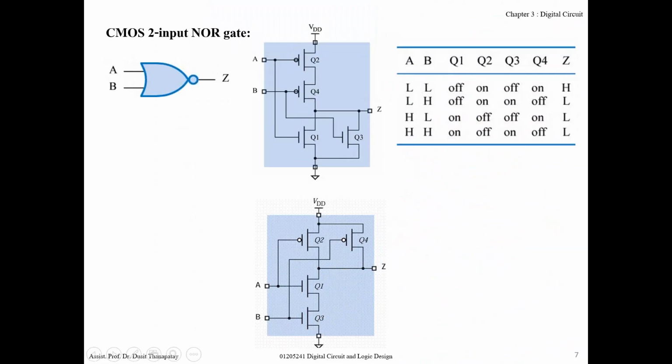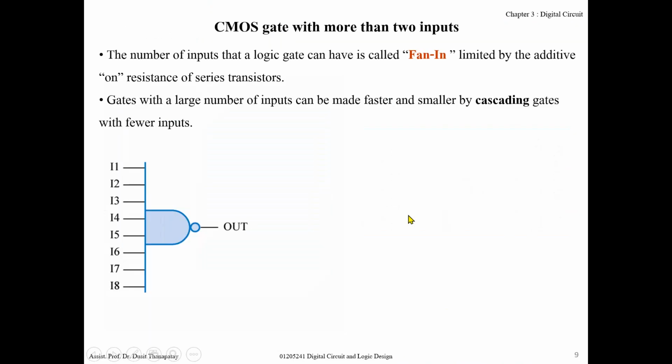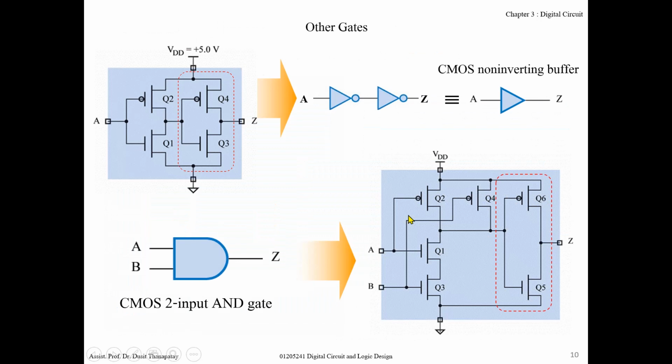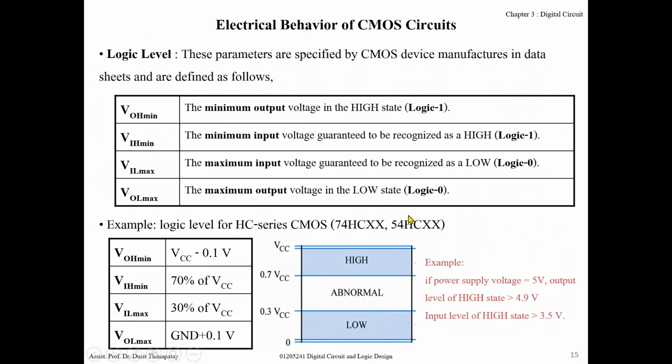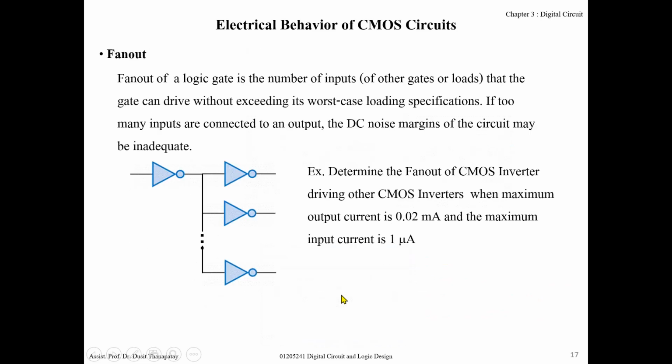That means the voltage level may be abnormal. For example, if it's over 0.3 volt, it may be an abnormal or undefined logic value. So you cannot connect the output to too many logic gate inputs.